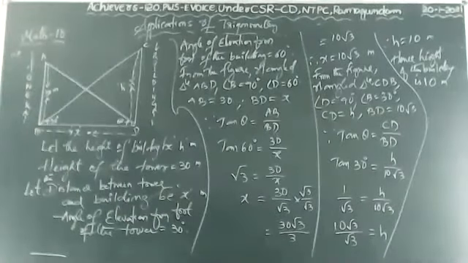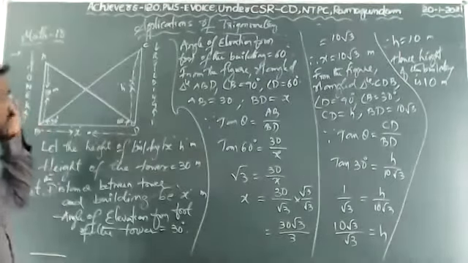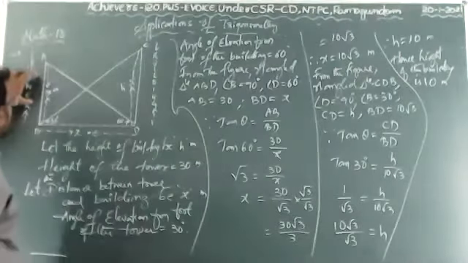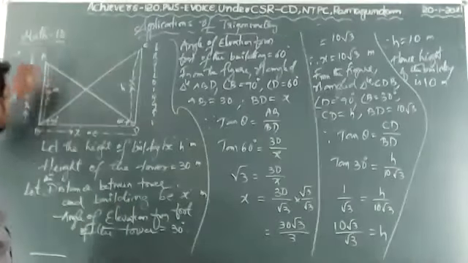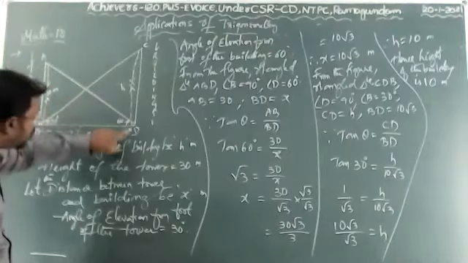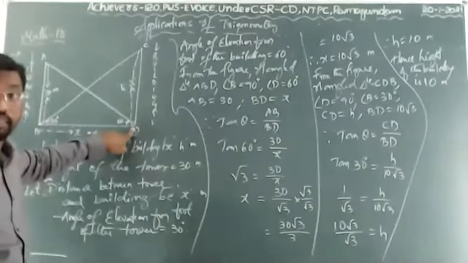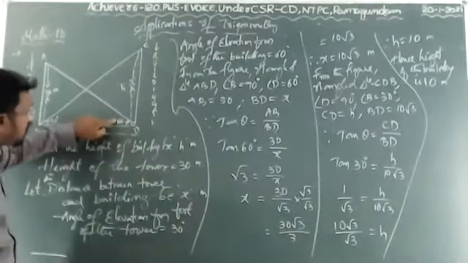That is the 12 point, sixth problem. Once again, I will explain it briefly. The tower is opposite the building. He is observing the top of the tower from the foot of the building at 60 degrees.